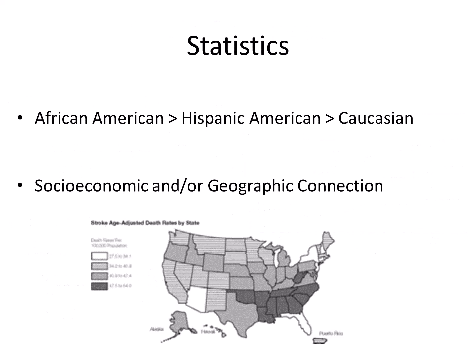Just a little more on statistics. You should know that African Americans have a greater risk for stroke than Hispanic Americans, and this risk is higher than for Caucasians. Looking at the map of the United States on the bottom portion of the slide, you can see that stroke is also associated with socioeconomic status and/or geographic region.